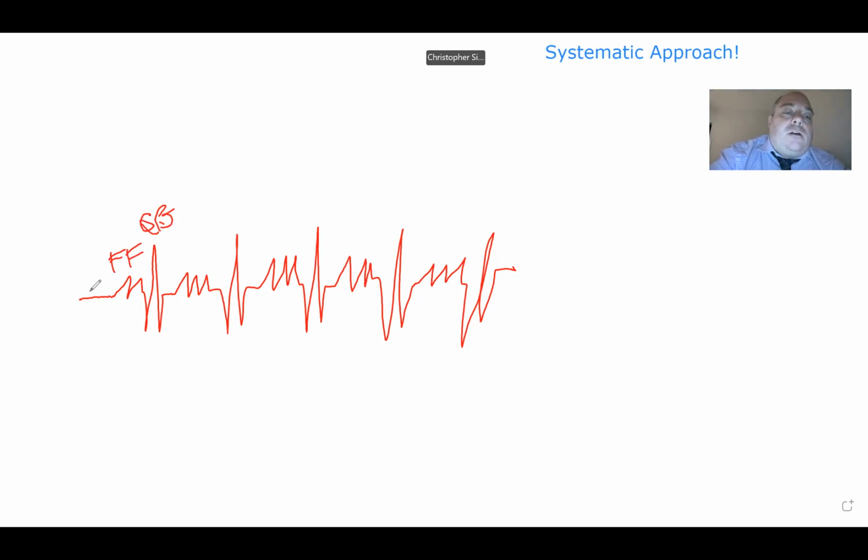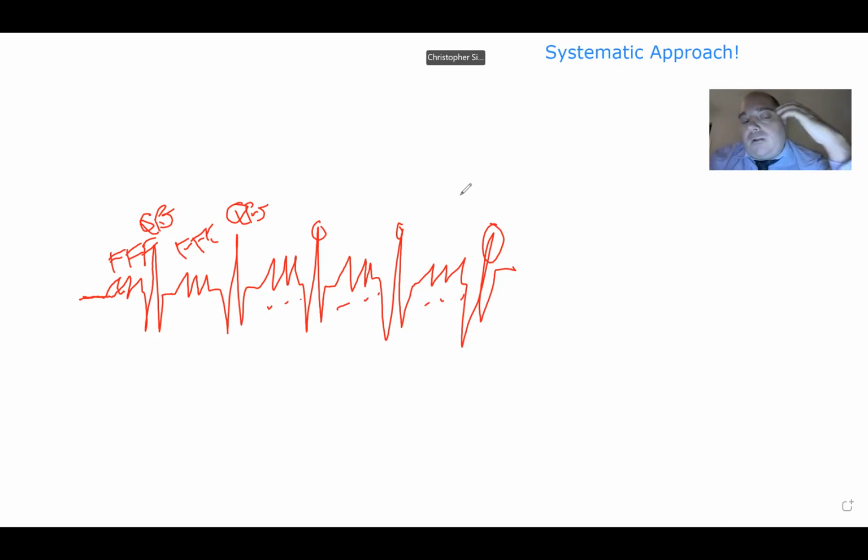And you know what? I'm going to change this to 3 flutter waves, guys, to stick with the theme. So we have F, F, F, QRS, flutter, flutter, flutter, QRS, flutter, flutter, flutter, QRS, right?